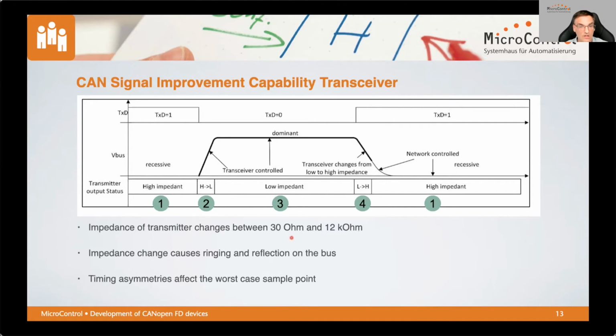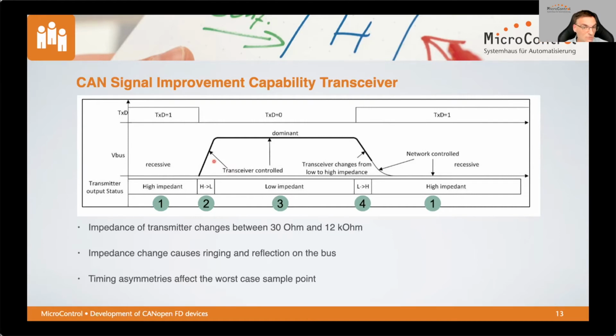Standard transceivers have a high impedance value when recessive. This change between high and low impedance causes ringing and reflection on the bus. So if you're using standard, old-fashioned transceivers, you will face the problem that going up in the data phase to higher bit rates, you will see much more ringing and reflections on the bus than you are used to seeing at 250 or 500 kilobit with classical CAN.